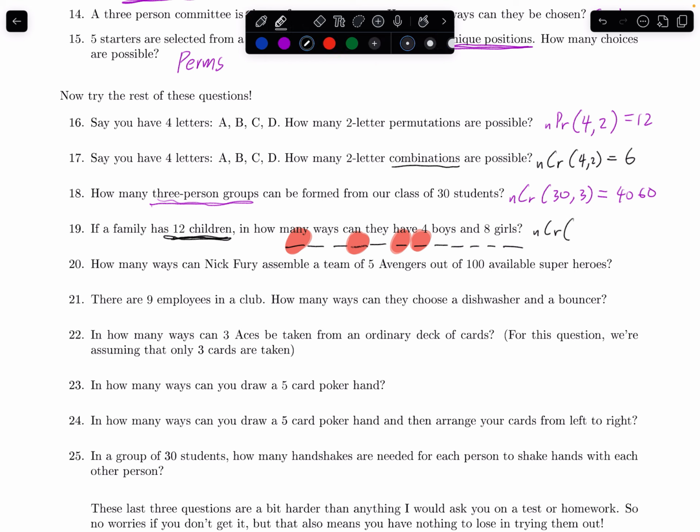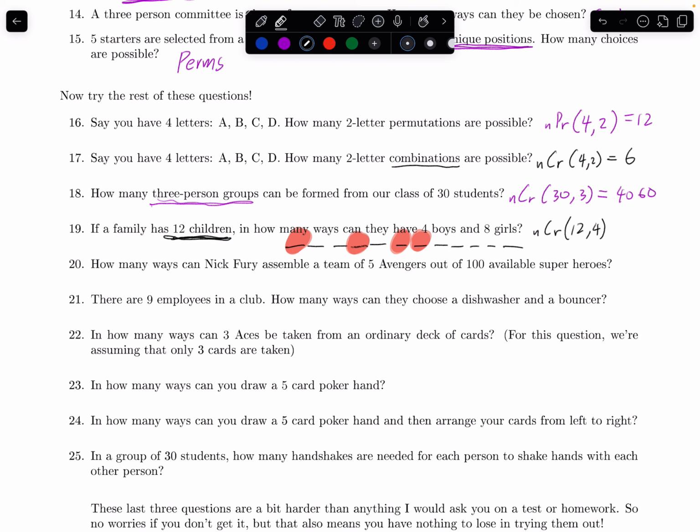Now, equivalently, from the biggest number at 12, I'm choosing 4. Oh, I'm sorry. My C's are looking like parentheses. That's getting confusing. Let me write that a little nicer. 12, 4.